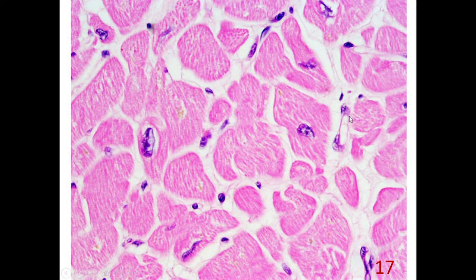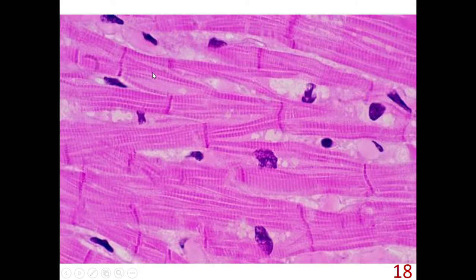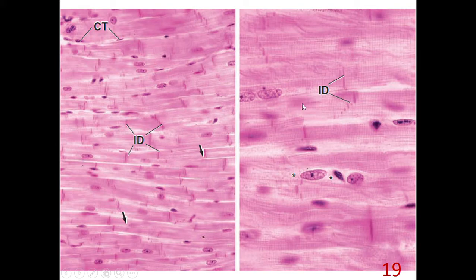We can see clearly the centrally located nucleus, and between muscle fibers we see connective tissue. In this slide, intercalated discs are observed clearly, and also the centrally located nucleus and discus intercalaris between myofibrils.